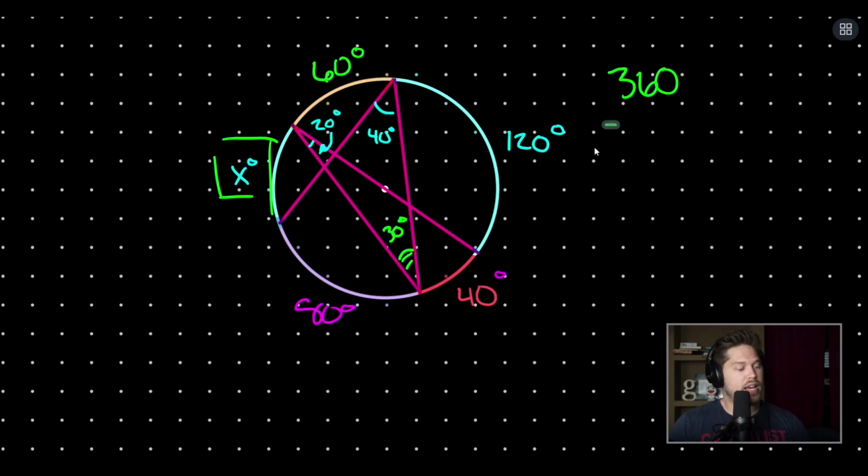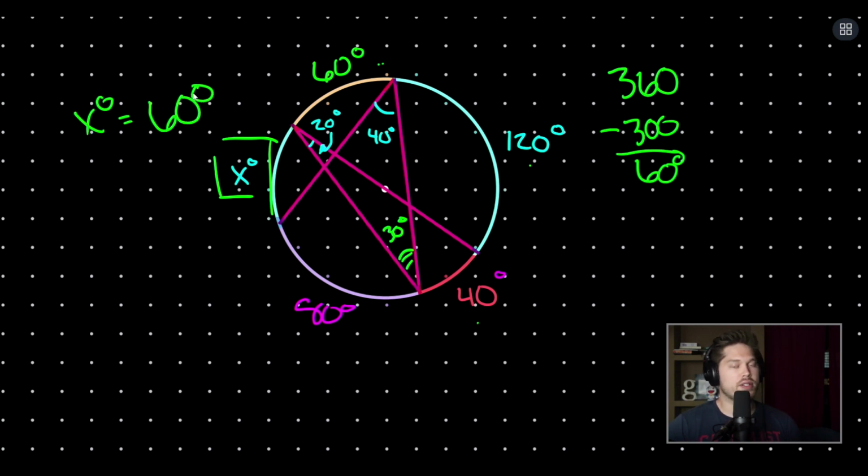Well, really, let's add these up. 120 plus 60 is 180. 180 plus 40 is 220. And 220 plus 80 is 300. So we'll subtract 300 and be left with 60. Therefore, angle x is equal to 60 degrees.